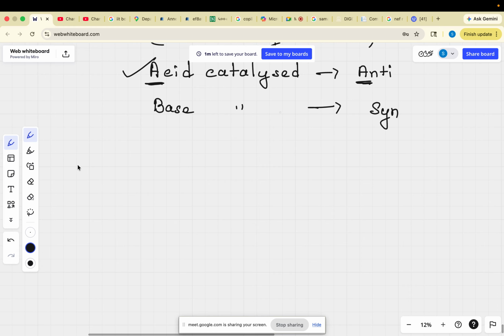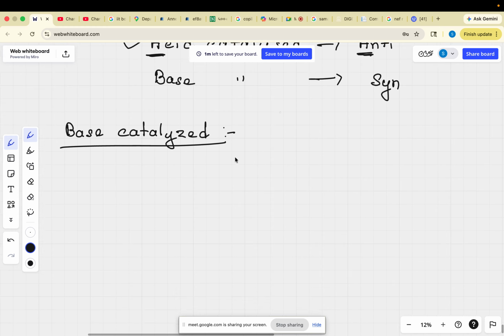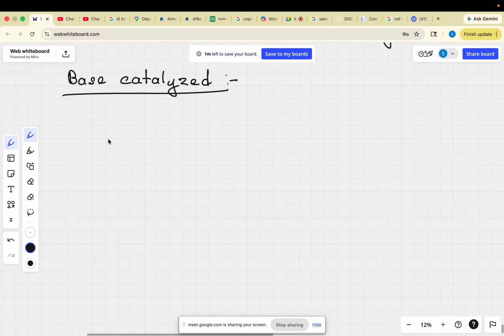So first of all, give the heading base catalyzed. Base catalyzed we will do first. Here also you have to do the stereochemistry.